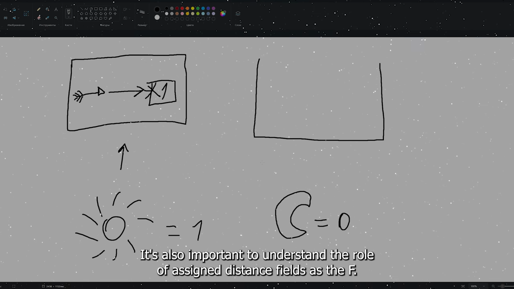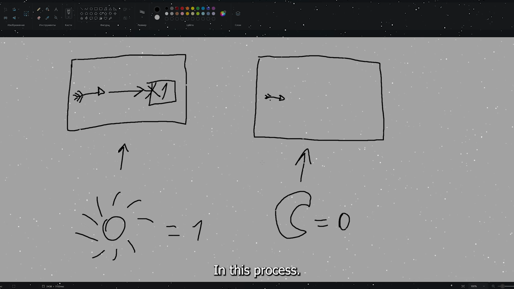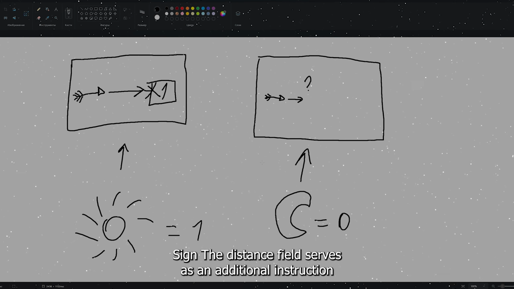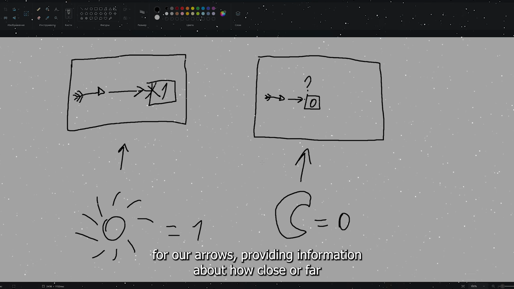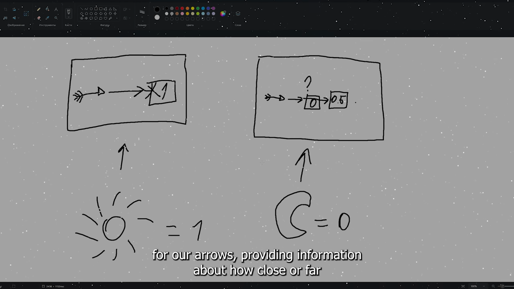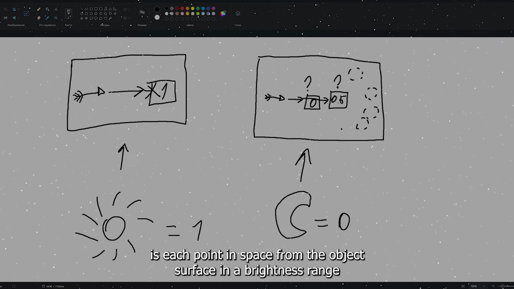It's also important to understand the role of signed distance fields, SDF, in this process. Signed distance field serves as an additional instruction for our arrows, providing information about how close or far each point in space is from the object's surface.